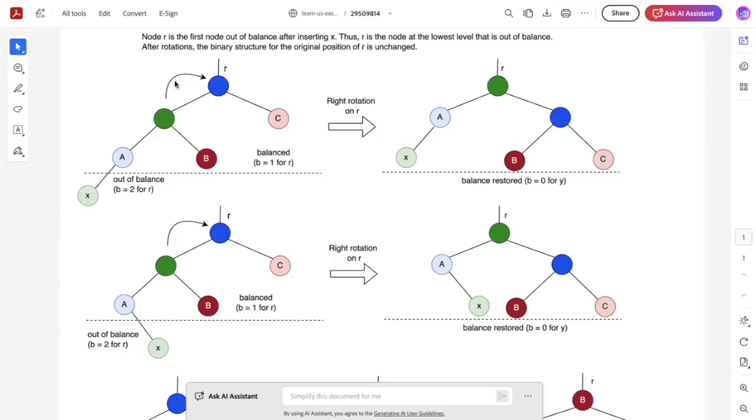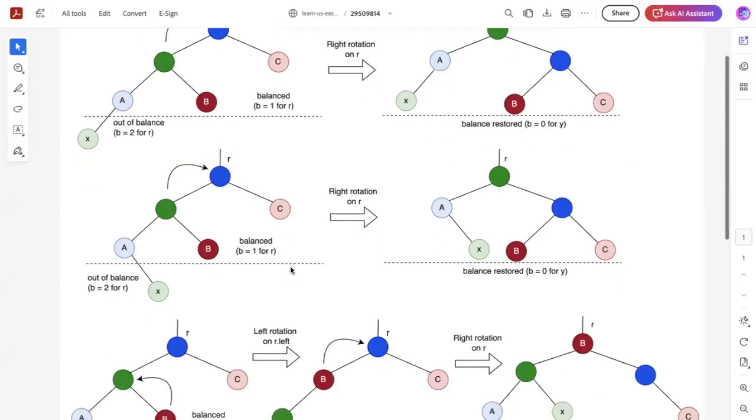These three nodes are all lined up in one direction, so one rotation is enough. Likewise, if X is inserted as a right child of A, these three nodes are still in one direction, so we use the same rotation.